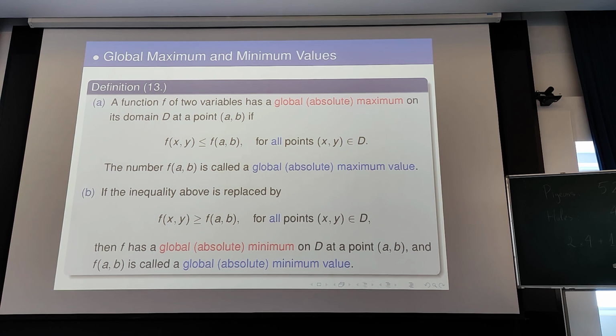In part A, if a function f of two variables has a global or absolute maximum on its domain D, and the point (a, b) is a point in the domain of the function, of course, right? But in this case, it does not need to be an interior point. Okay.